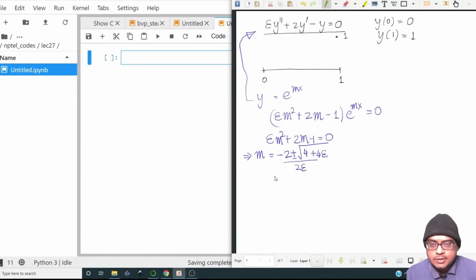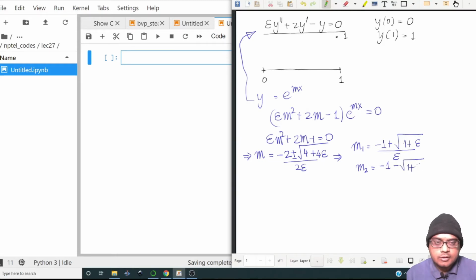These are the roots, which imply that m1 will be minus 1 plus square root of 1 plus epsilon, divided by epsilon, and m2 will be minus 1 minus square root of 1 plus epsilon, divided by epsilon.